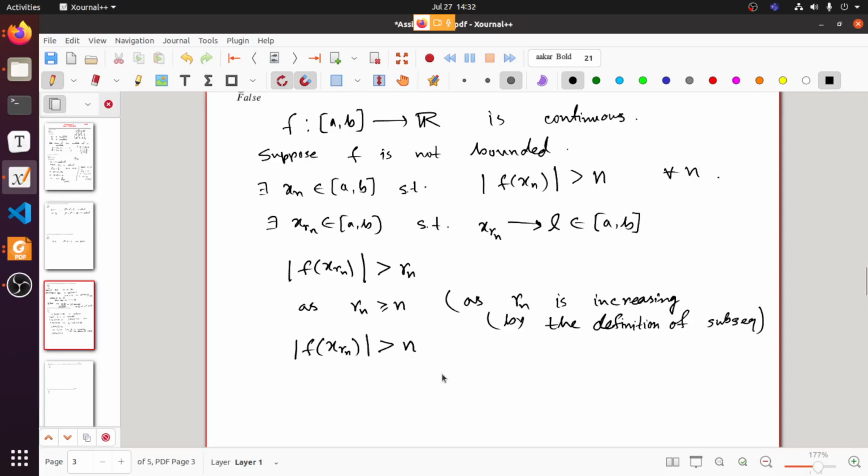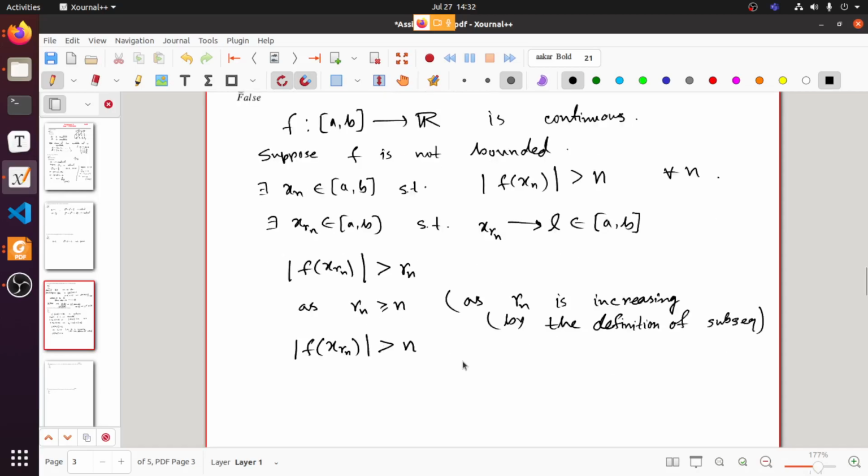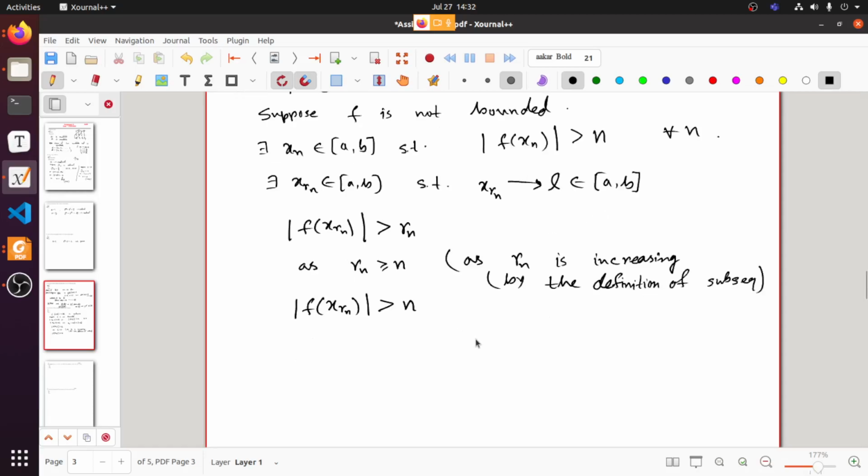So we get a bounded sequence for which f of x_{r_n} is greater than n, and it converges.